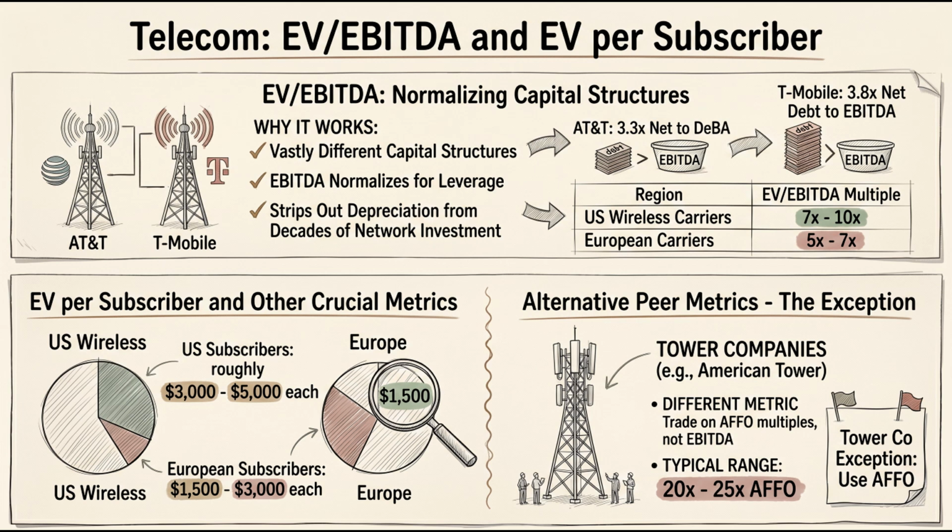EBITDA is useful here because it normalizes for leverage and strips out the massive depreciation charges from decades of network investment. Typically, U.S. wireless carriers trade at 7 to 10 times enterprise value to EBITDA, while European carriers trade at 5 to 7 times. For subscriber valuation, U.S. wireless subscribers are worth $3,000 to $5,000 each, whereas European subscribers are valued at $1,500 to $3,000.